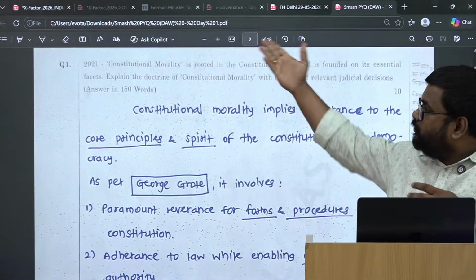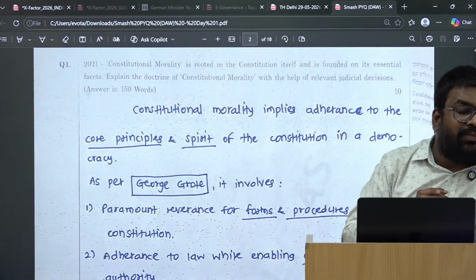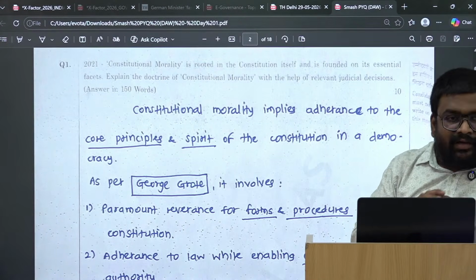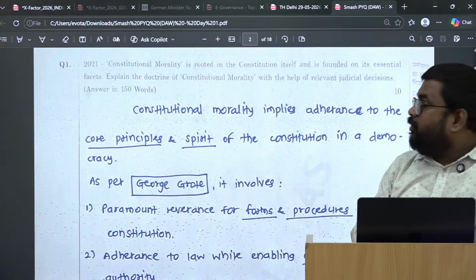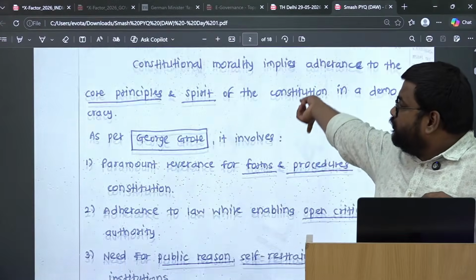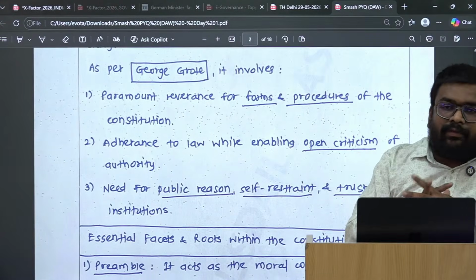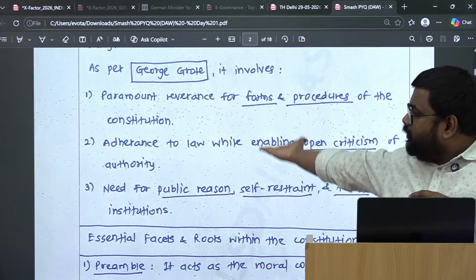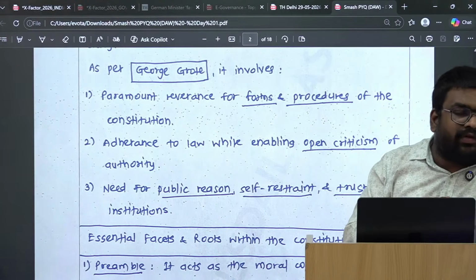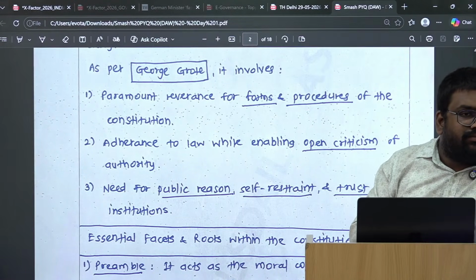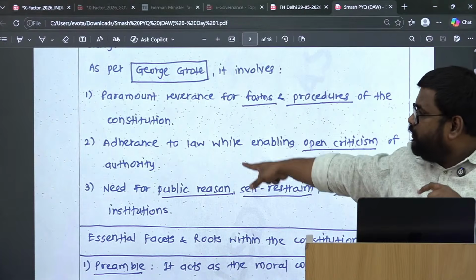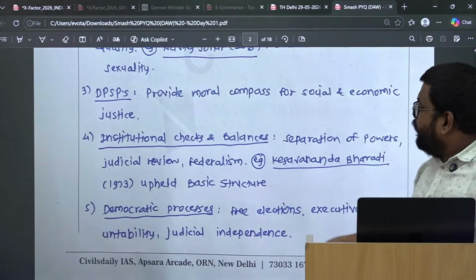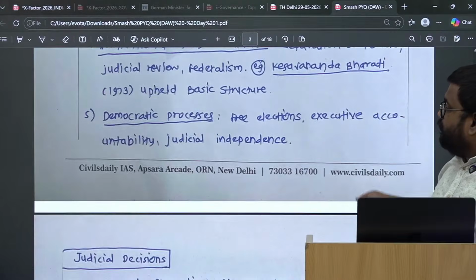For example, the question on constitutional morality has come 4 times before, so everyone has prepared it. But the concept of constitutional morality was given by George Grote. This is something nobody knows, and by simply mentioning his name you can increase your marks by 0.5. Okay, so scholar the box here, every point substantiated with examples.